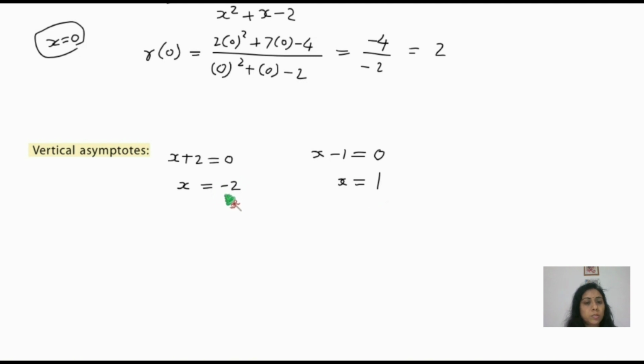When we approach from the left side, we take values like −2.1, −2.11, and from the right side −1.99, −1.999, like that. And when we approach 1 from the negative side, we take 0.9, 0.99, 0.999, like that. And when we approach from the right side, we take 1.01, 1.1, 1.11, like that.